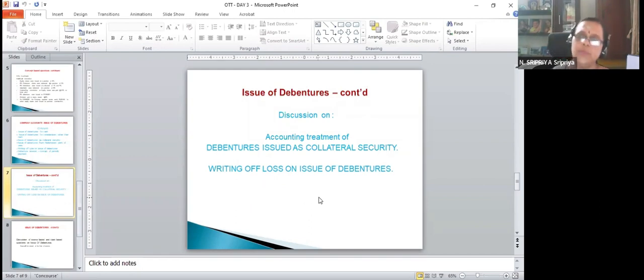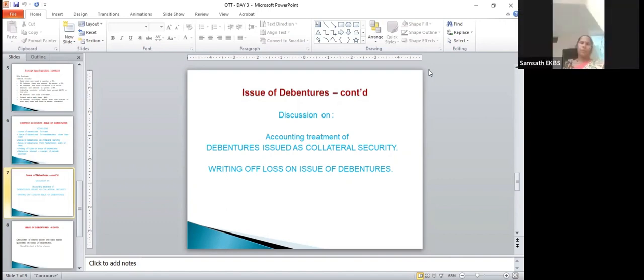Only in extreme cases can the company use the statement of profit and loss, that is, the surplus of the current year. And general reserve need not be touched in the case of writing off discount on issue of debentures or loss on issue of debentures. Fine, please keep it in mind.